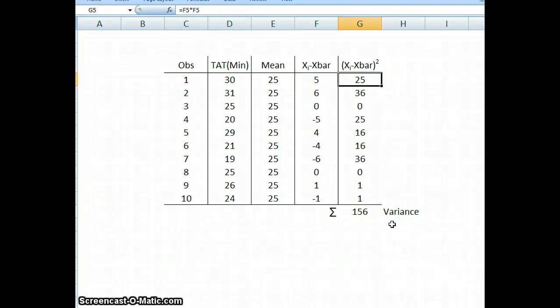And then we summed that, and that actually doesn't give us the variance. We have to put that value over n minus 1. So let's say that this is equal to this divided by this minus 1.